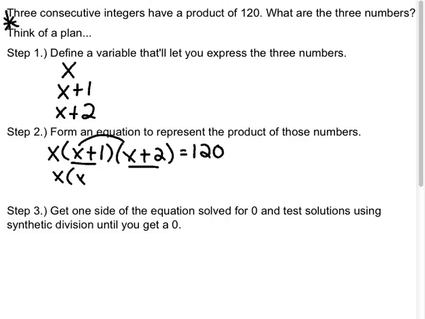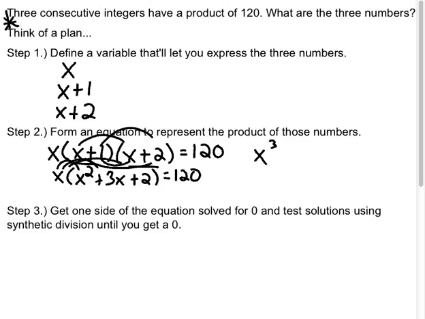x times x gives me x squared. x plus 2x gives me 3x. 1 times 2 gives me 2. Now that I have that, I can distribute the x in.